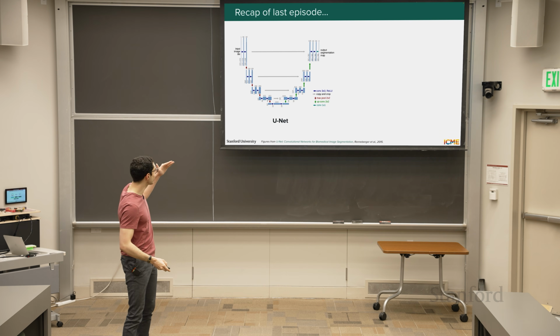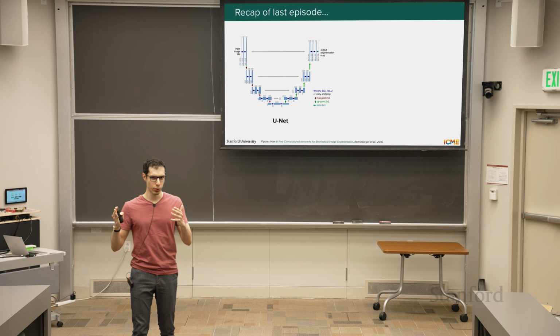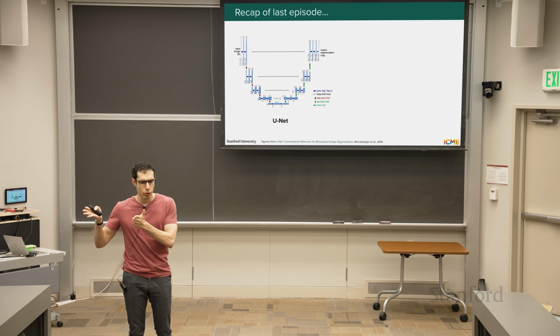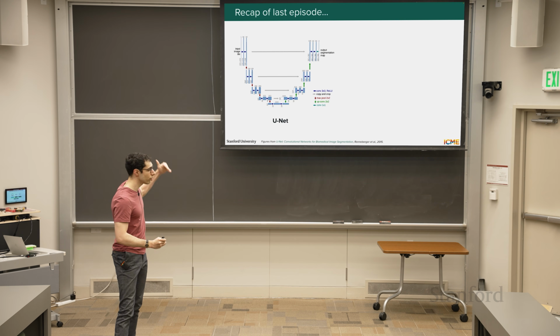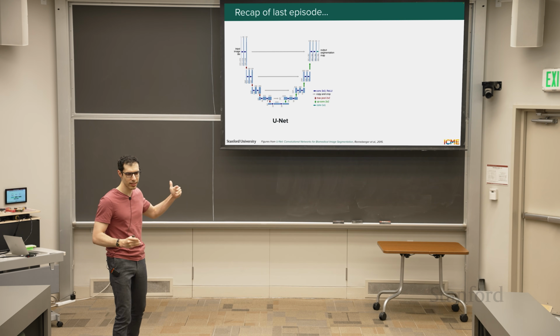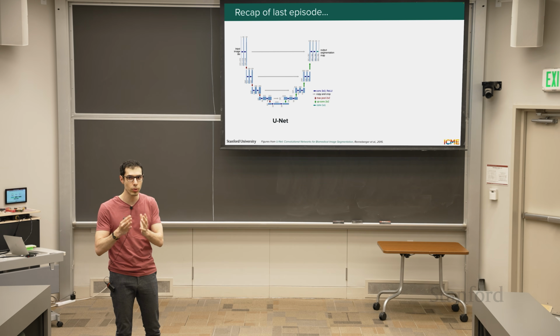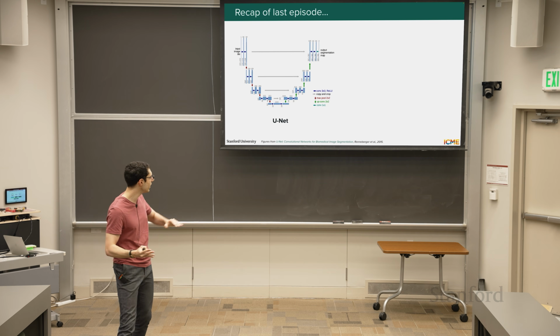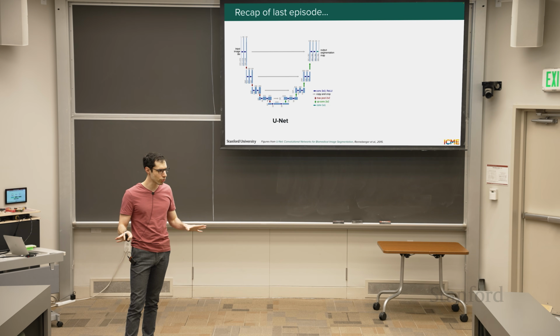And we saw that there were these copy and crop connections that were allowing us to transport the local details that we computed in the downsampling phase and couple that with the global structure understanding that we had from the bottleneck. So that was a UNet.